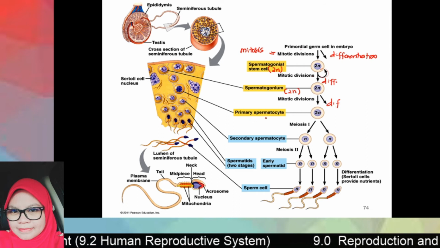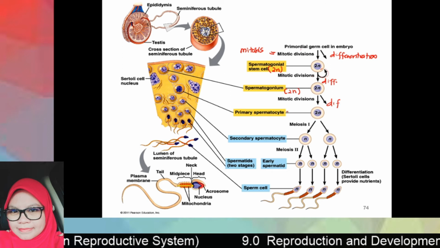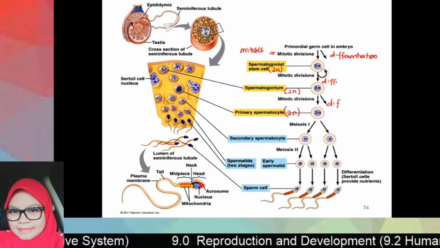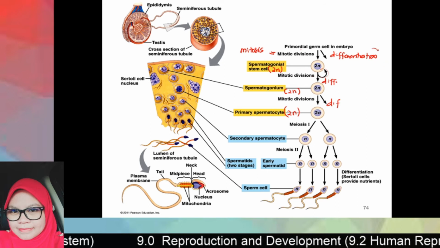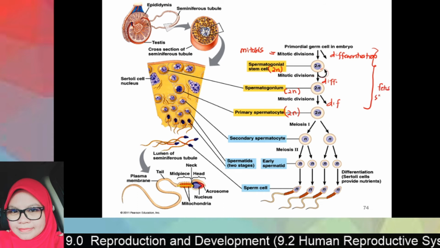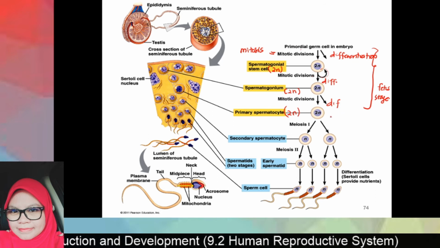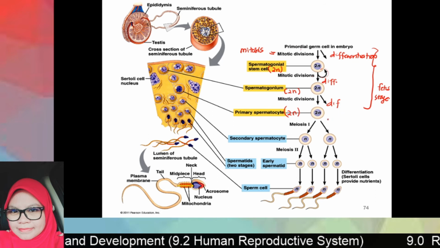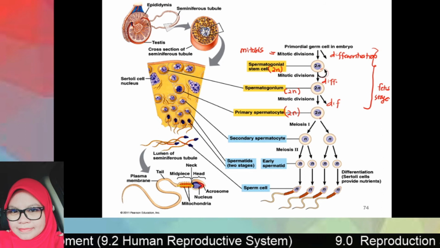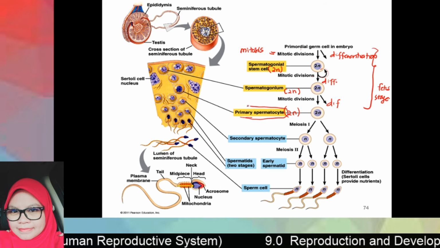So they produce a cell called primary spermatocyte, which is diploid. All these occur during the fetus stage. When the baby is born, the male baby, the boy, will carry primary spermatocyte.